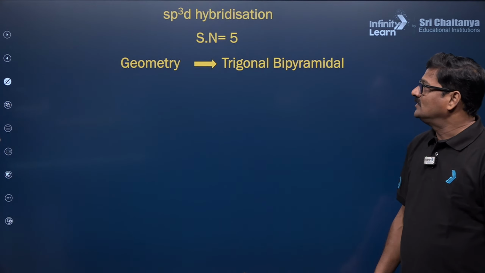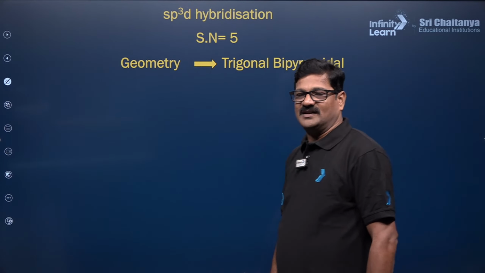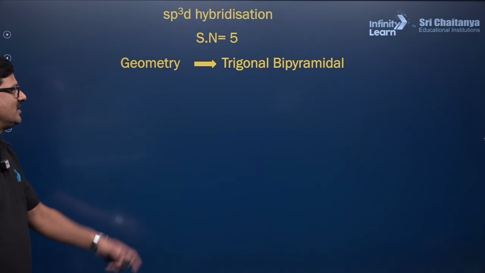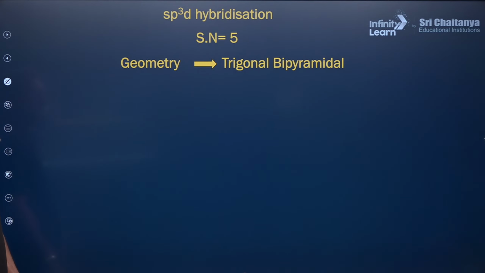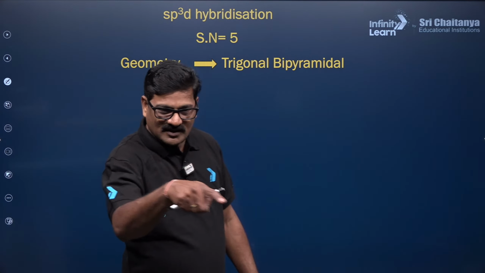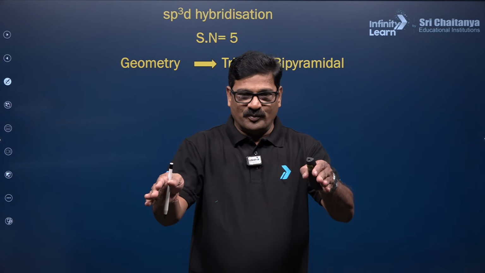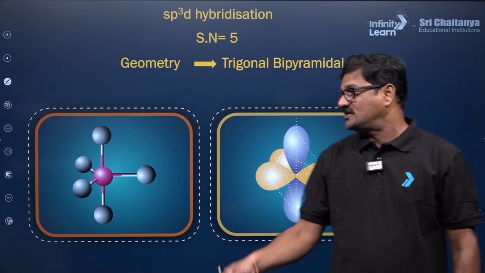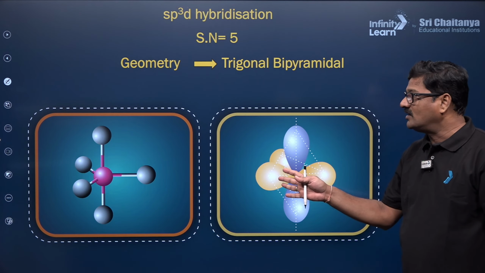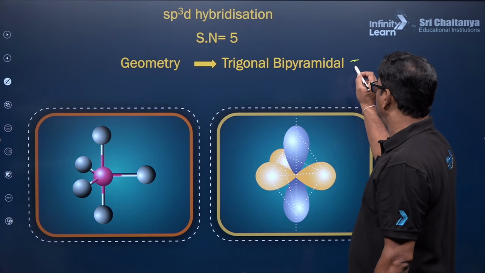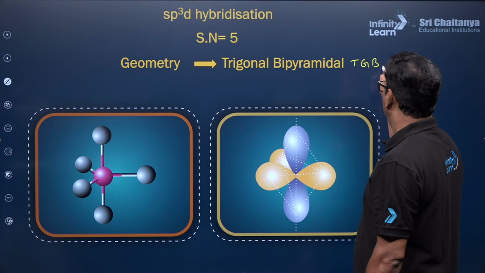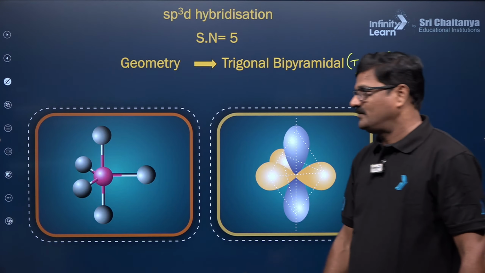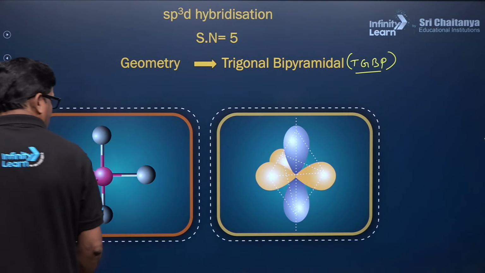Okay. Now, let us talk about sp3d geometry. Steric number is 5. It is going to be trigonal bipyramidal. On the triangle, there will be a pyramid above, and another pyramid below. This is what is called trigonal bipyramidal, TGBP.